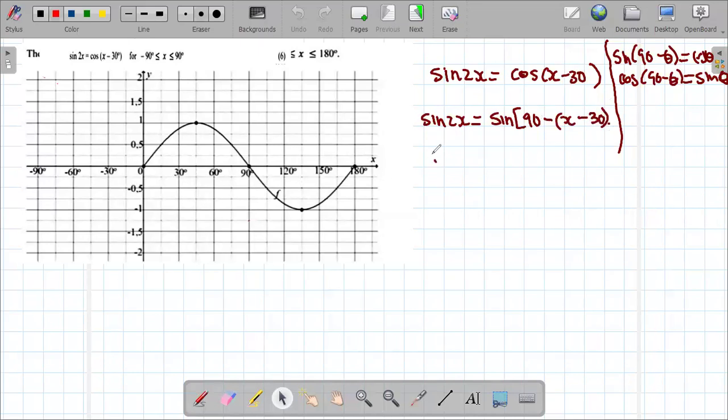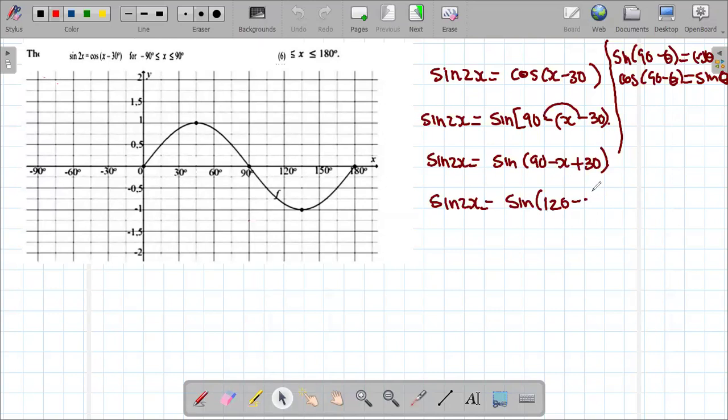Okay, can we do maths here? Sine 2x equals sine of 90, negative times x is minus x, negative and negative will be plus 30. Let's just do maths. Sine 2x equals sine of 90 plus 30, it's 120, so sine of 120 minus x.